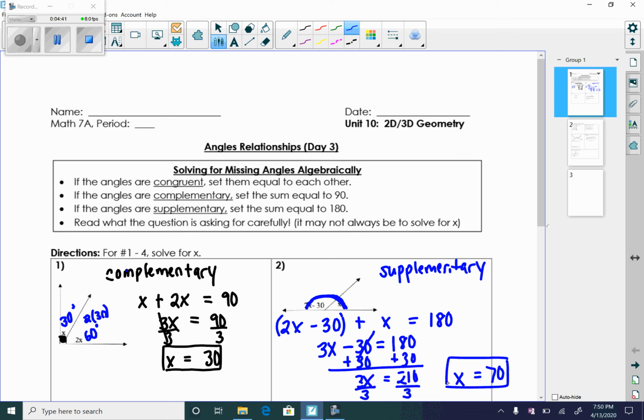Now, that's as far as I needed to go in this problem. But like I said, if I wanted to check this, if this angle is 70, this angle here had better be 110. Otherwise, we did the problem wrong because 110 plus 70 is 180. So if I wanted to do a quick check here, I can just type into my calculator 2 times 70 minus 30, and it does work out to be 110.